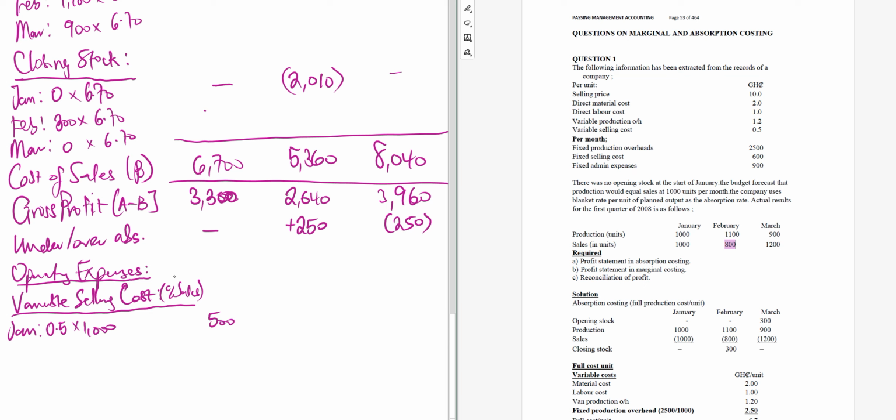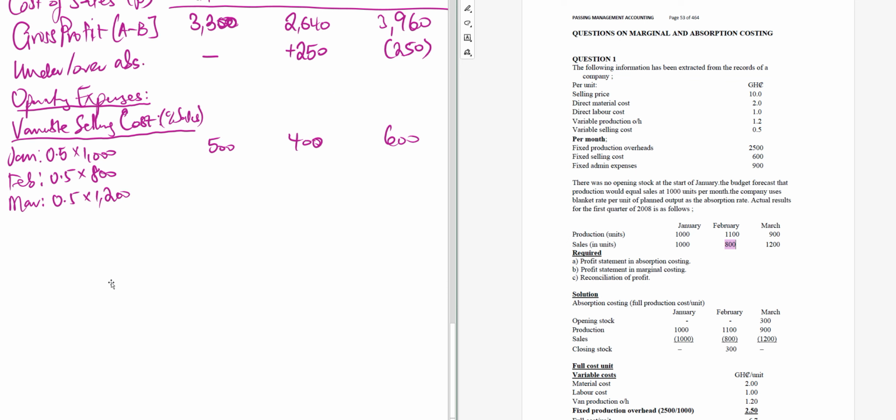In February it's still 0.5 per unit, but we sold 800 units, and that gives us 400. Then March, 0.5, but we sold 1,200 units, and that is 600.